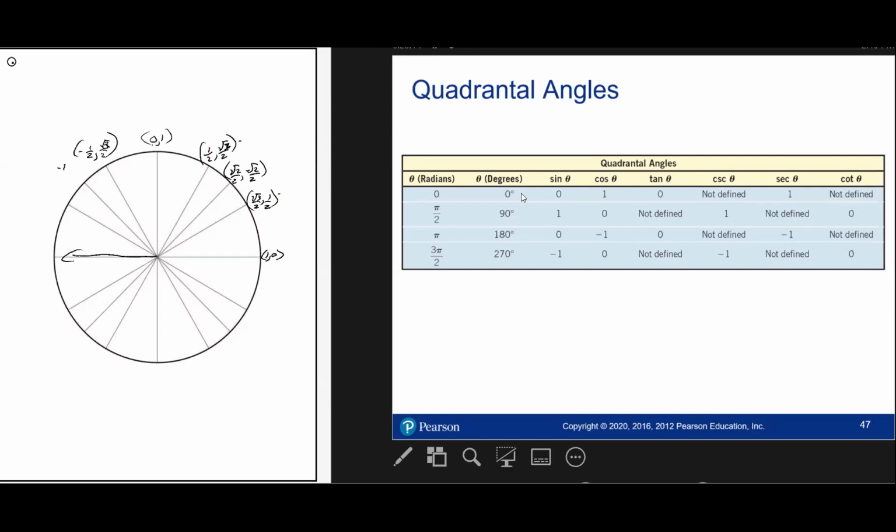And the next one's going to be a negative square root of 2 over 2, square root of 2 over 2. And then the next one's going to have the same x and y values as that point, but the x value is going to be negative, so it's a negative square root of 3 over 2, positive 1/2. And then this is a negative 1, 0.